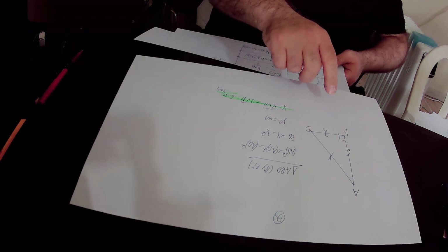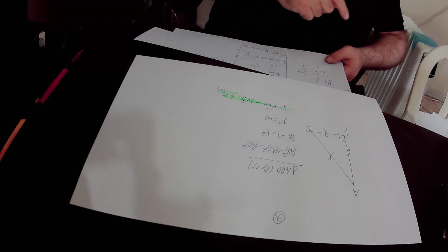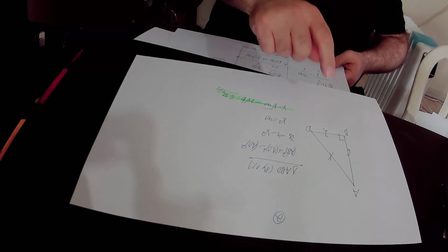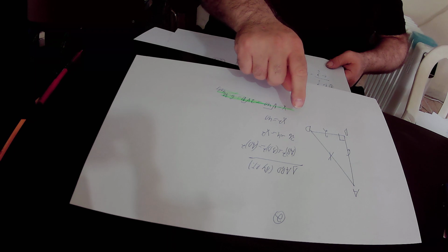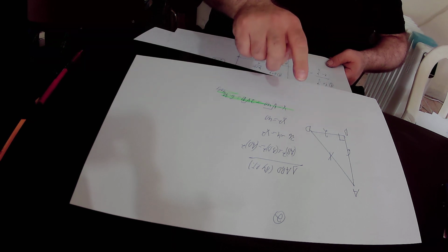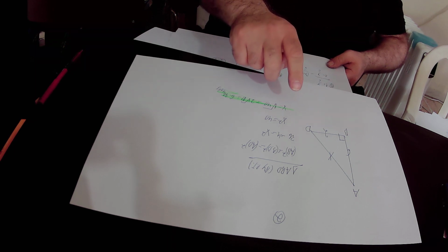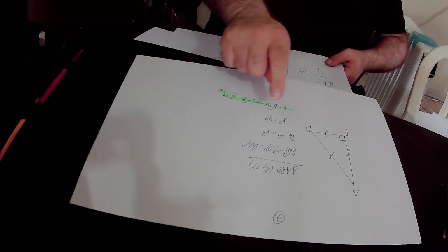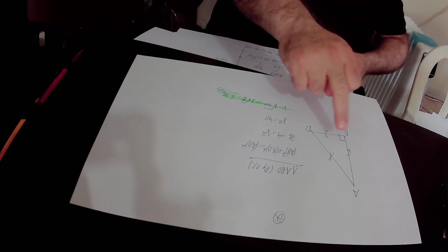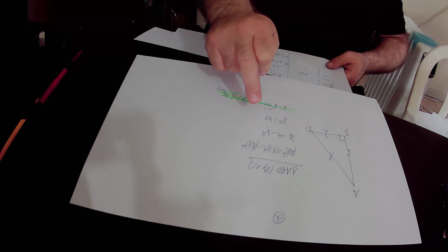We implemented the Pythagoras theorem on this right triangle, triangle ABD, and we got that AB squared plus BD squared equals AD squared. AB is 6, so AB squared is 6 squared, that is 36. BD is 2, so BD squared is 2 squared, that is 4. Plus AD squared, AD is x, so AD squared is x squared.